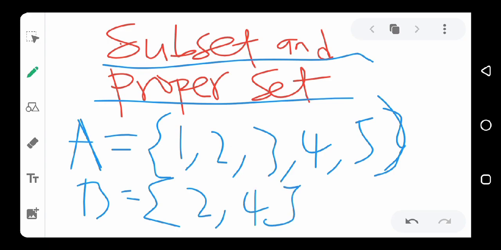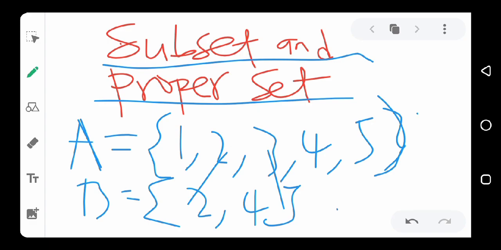Now, since we can find all the elements of B in A, we say that B is a subset of A. We have 2 here, we have 4 here. So all the elements in B are in A. So B is a subset of A.